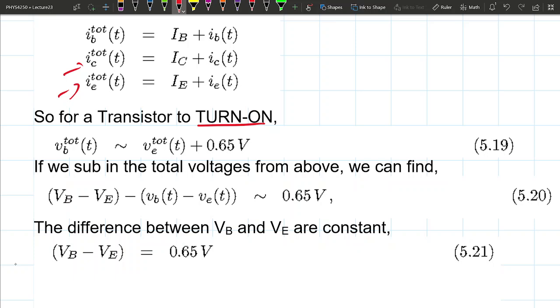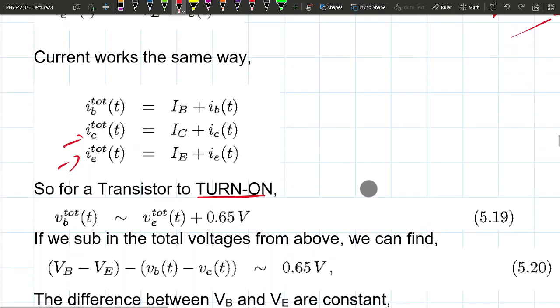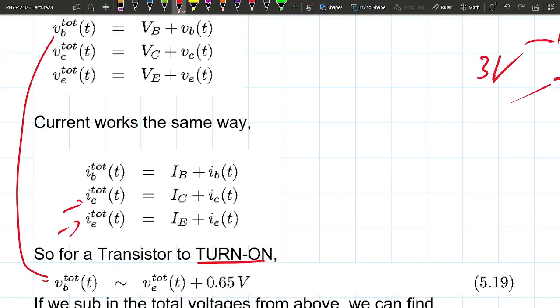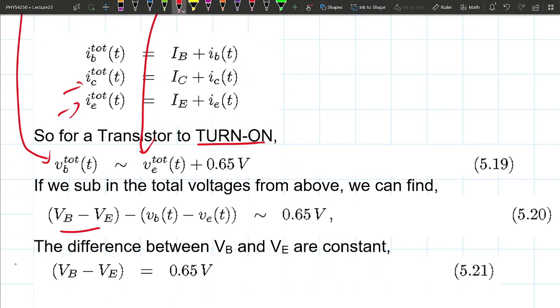What we can do now is go back up to here and note that the voltage at the base is the sum of these two guys. The voltage at the emitter is the sum of these two guys. If we substitute that in here and then rearrange so that the constant part is in the front and the time-dependent part is in the back, I just kind of shovel the terms around.